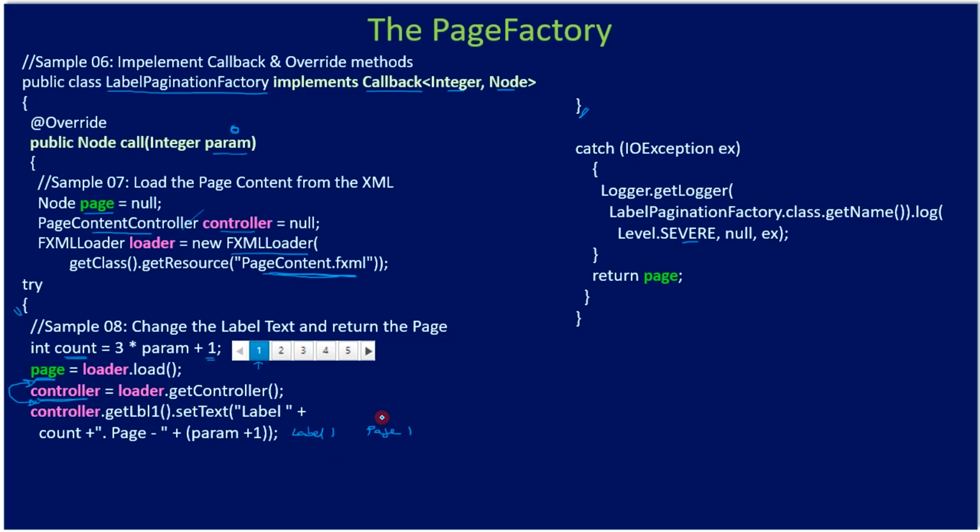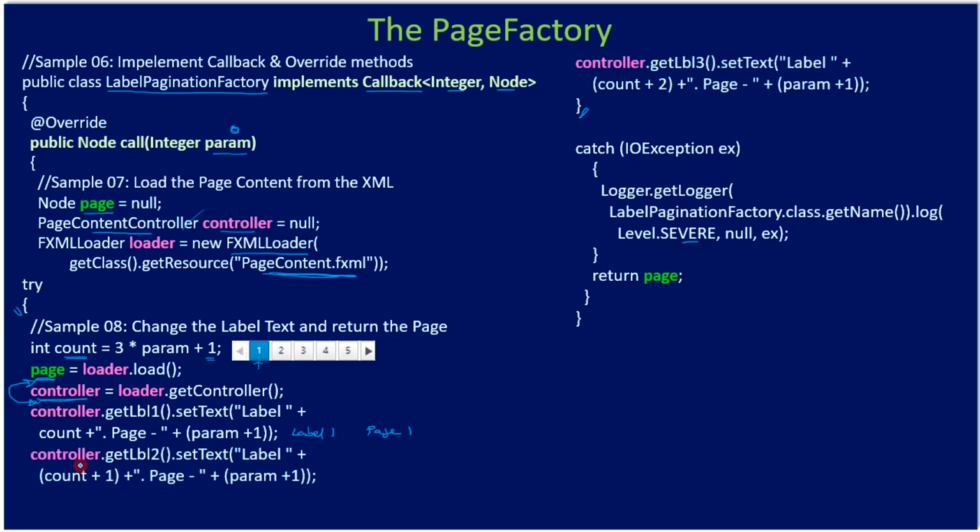So likewise we form our label caption. We are doing the same for the other two labels, label 2, get label 3, and if you see here count plus 1, so label 1 here it will be label 2, same page 1, here it will be label 3, page 1. So likewise it will go.